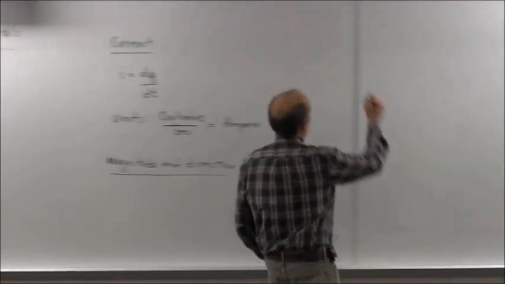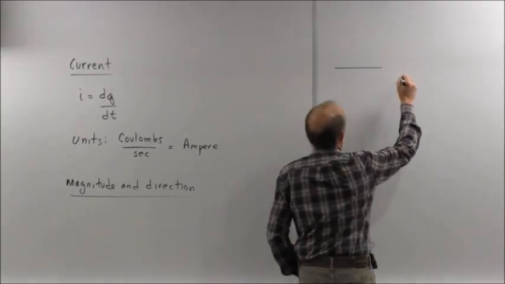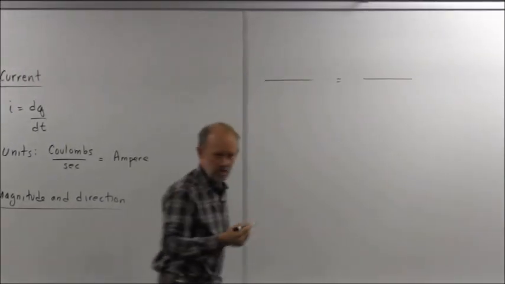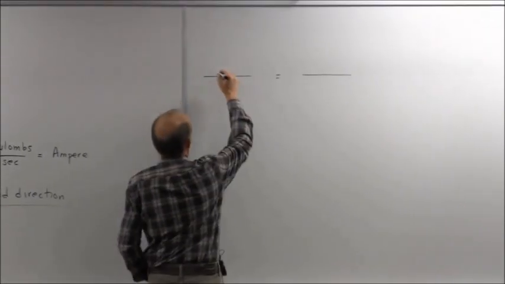So let me just show you a couple of equally valid ways to present information about a current flowing in a particular segment of a circuit.